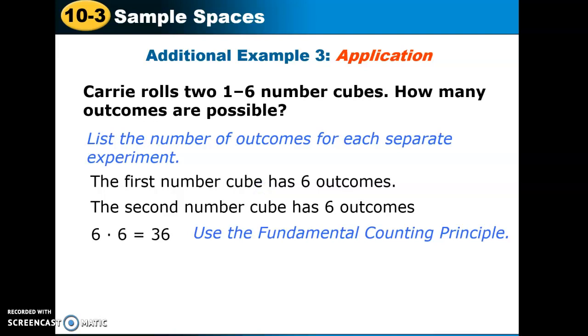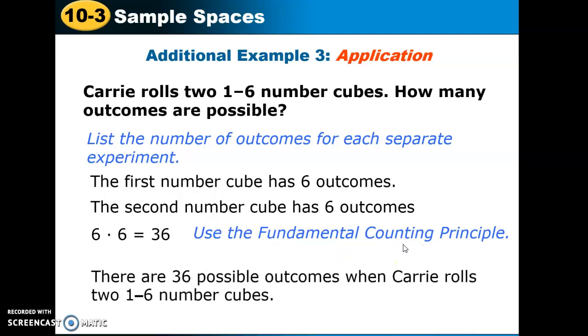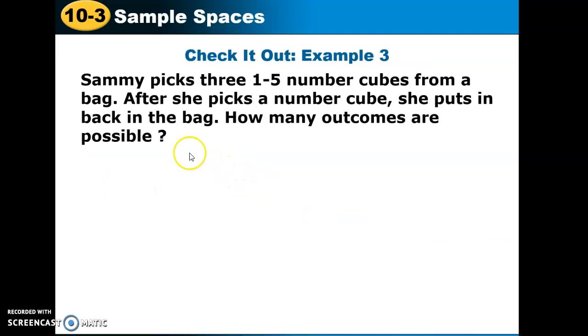Now you could do, okay, if I roll a 1, I have 1, 2, 3, 4, 5, 6 for the other die. If I roll a 2 on the first die, I have 1, 2, 3, 4, 5, 6. That would take too long. Okay, it's not horribly long, but you can just use the counting principle to get to your answer of 36 possible outcomes. So pretty easy.